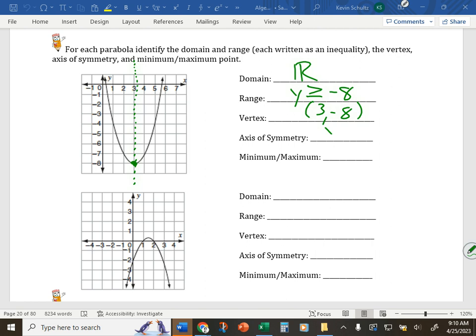Our axis of symmetry is x equals 3. It passes through the x-axis right here at 3, which is, not coincidentally, the x value of the vertex. And is that vertex a minimum or a maximum? Minimum. It's the lowest the parabola goes.